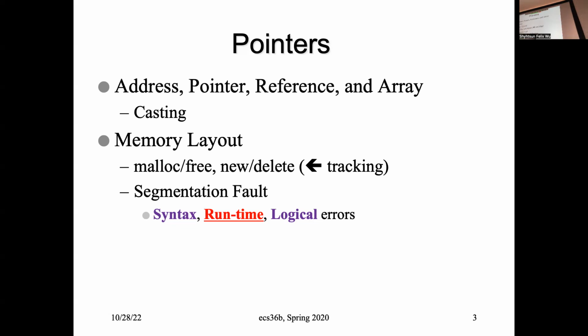A runtime error is when you have an executable with no problem, and you run the program, which means the program is brought into the memory layout, and it causes things like a segmentation fault, meaning you access the wrong part of the memory. That's what we call a runtime error. The concept is important because a lot of exception handling, which is in chapter 5, deals with both runtime errors and logical errors.